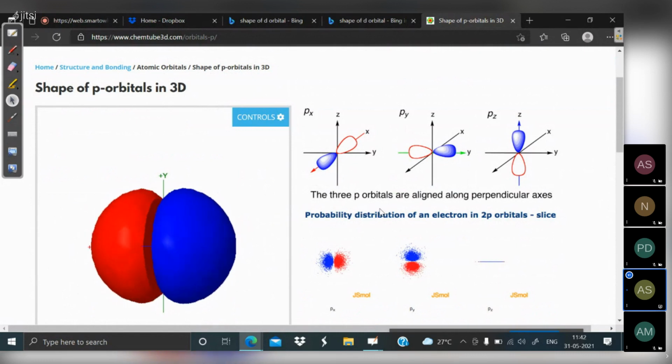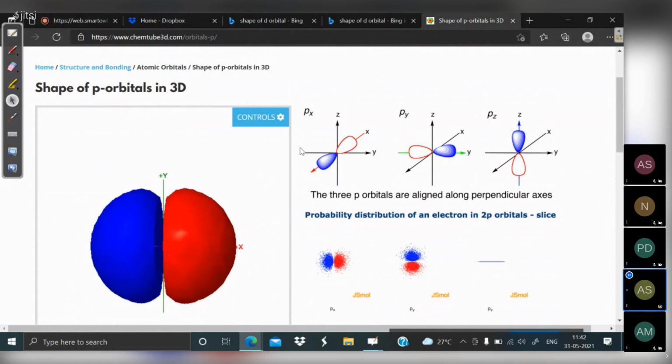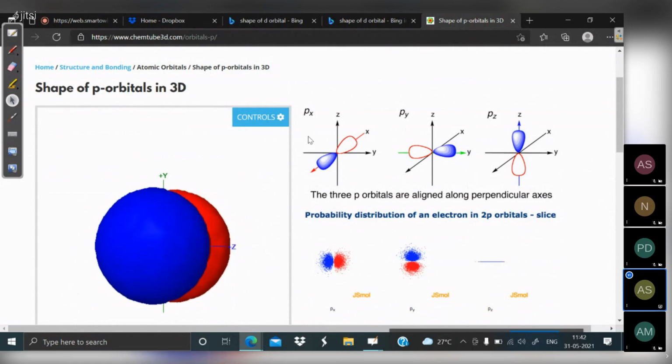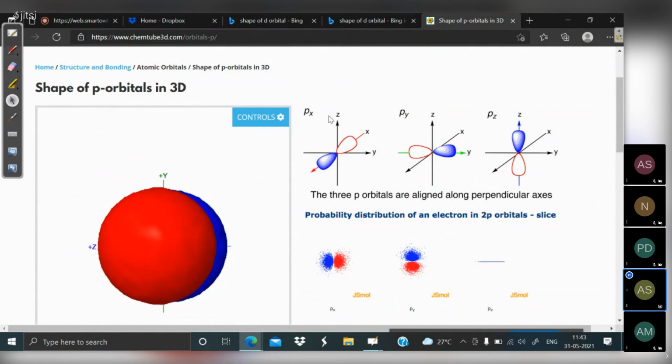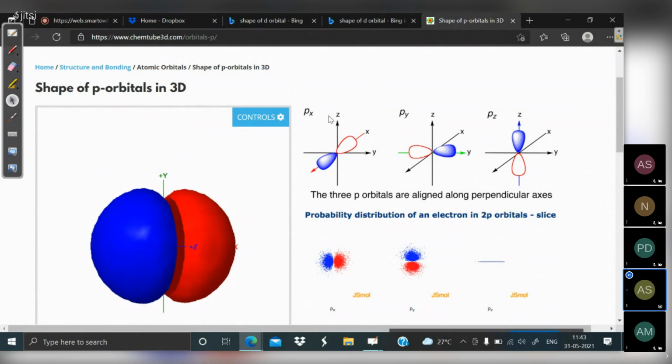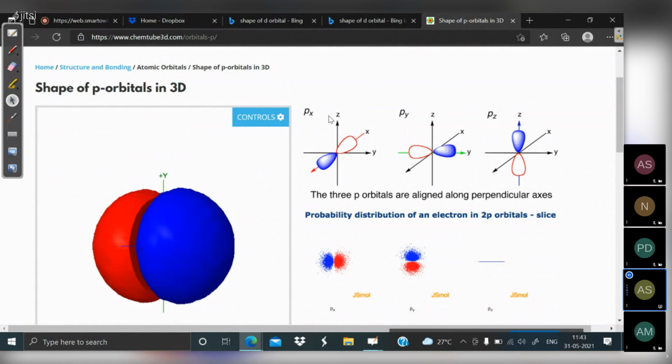That means I told you that there are three possible orbitals for the p subshell. So this -1, 0, and +1 do not represent any numeric value. They just give us an idea that the p subshell has three different orbitals. So this is how they look.